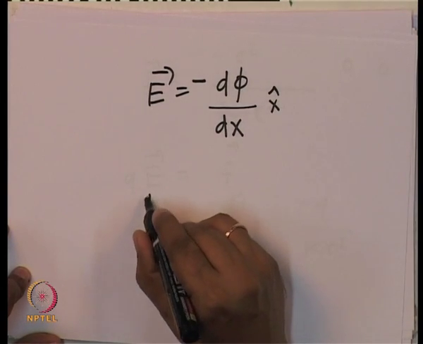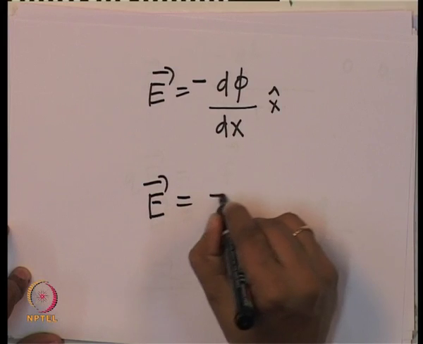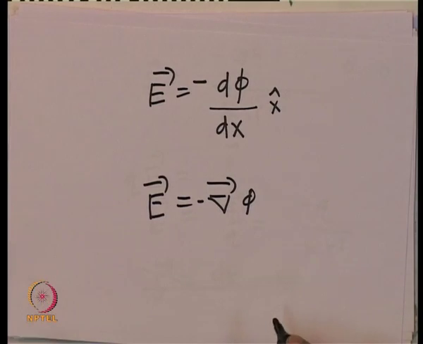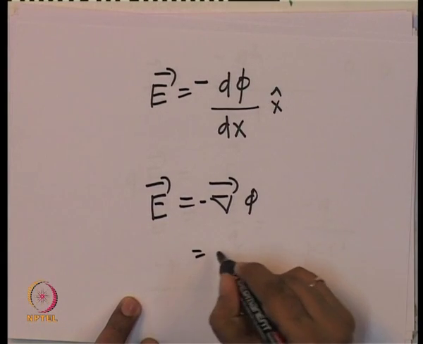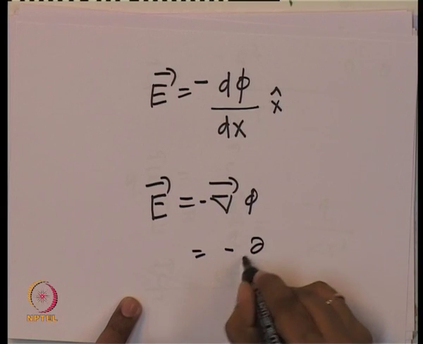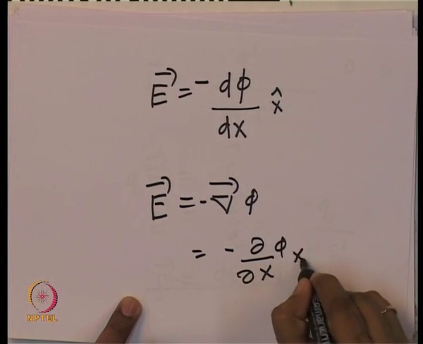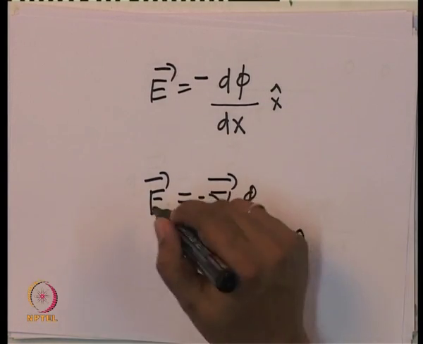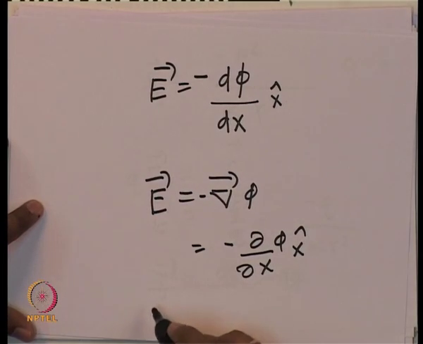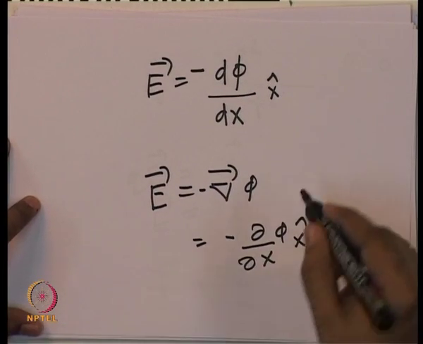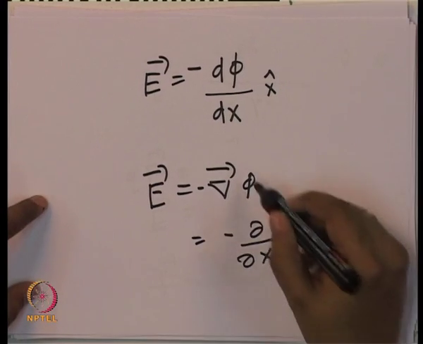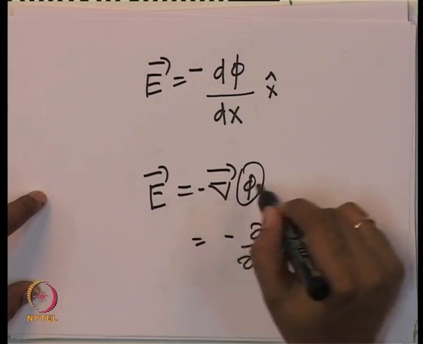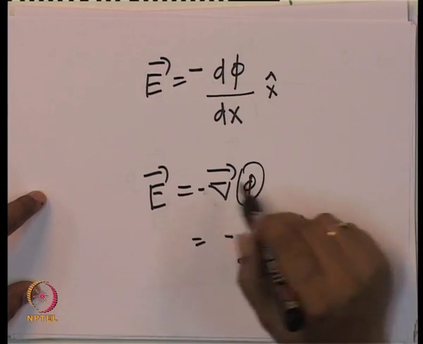In other words, E can be written as minus del phi, where del means minus del by del x of phi along x. So, this is the electric field, where phi is the electrostatic potential, the potential energy. If you know the potential energy, the electric field and potential energy are related in this particular way.